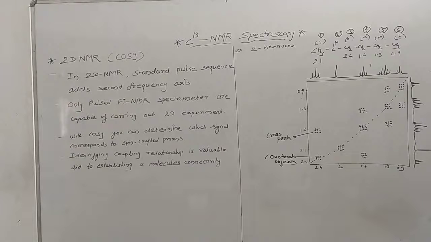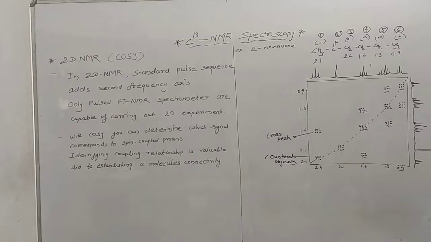In this example, there is a cross peak with x coordinate of 2.4, and we find the cross peak with the y coordinate. This means the protons responsible for the signal at delta 2.4 are coupled to the 1.6 value. In this way, we can explain coupling.